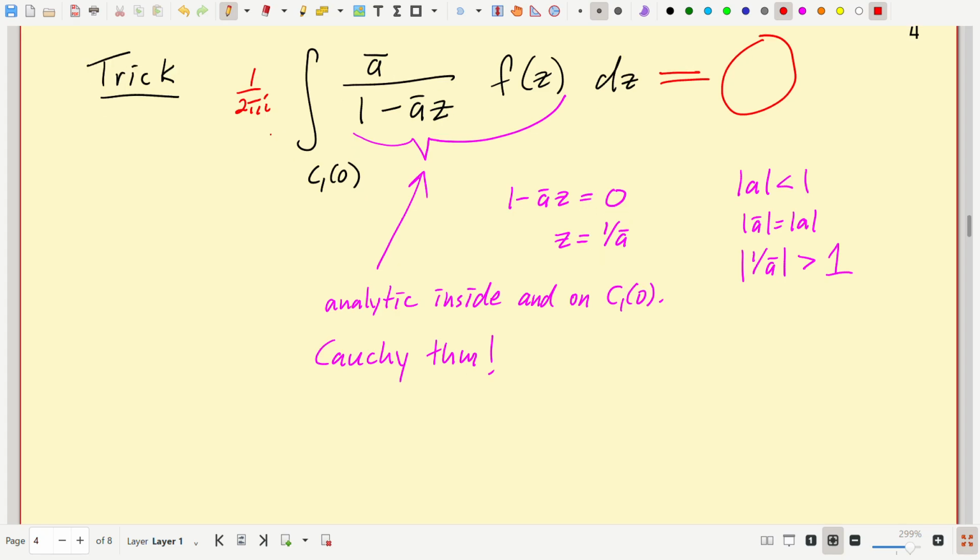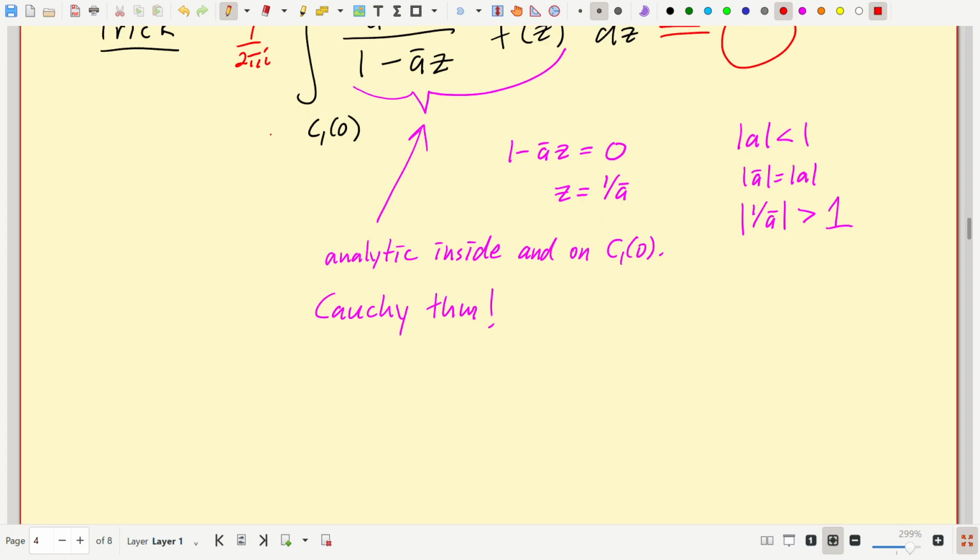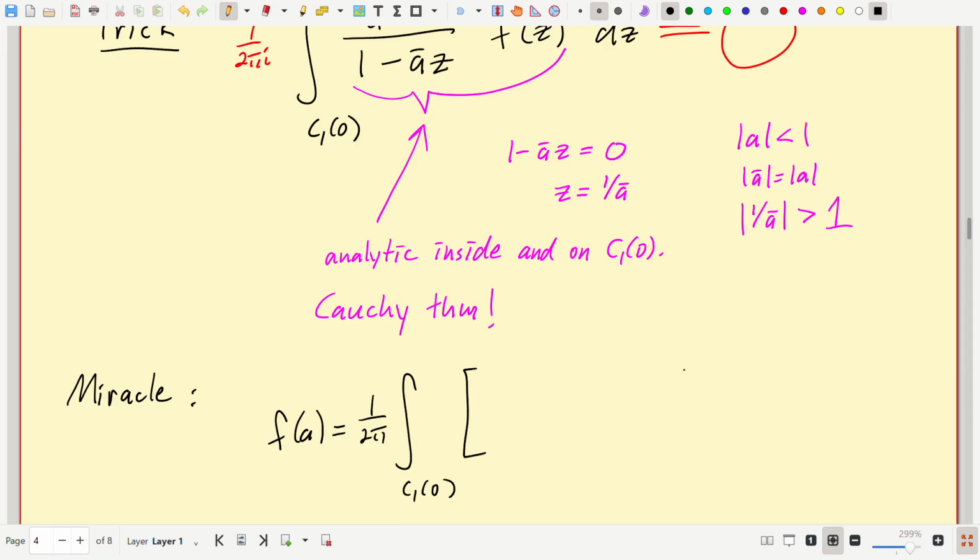Okay, so that's the trick I'm going to do. And now the miracle, which is too good to believe. Okay, f of a, I'm going to write out the Cauchy integral formula. I'm going to put the f of z here, dz.